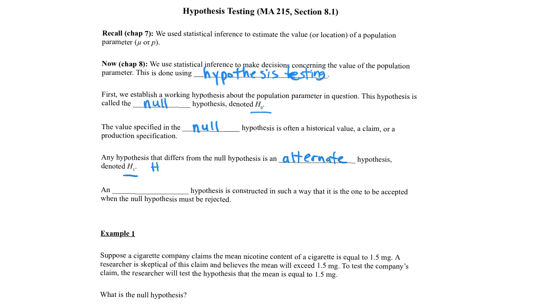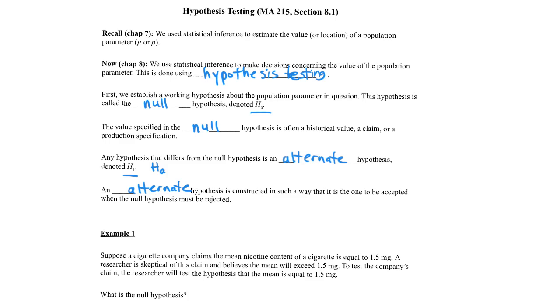Sometimes you'll also see H sub A. Some of you who have taken stats before have probably used that notation, and that's almost as common, so if you want to use it, that's fine too. An alternate hypothesis is constructed in such a way that it is the one to be accepted when the null hypothesis must be rejected.